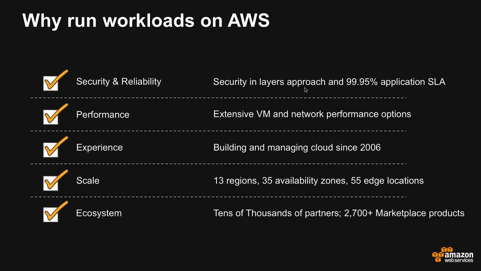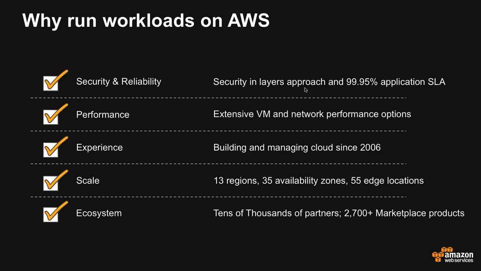This is especially true within the United States. Within our ecosystem, we have tens of thousands of partners with at least 2,700 marketplace products that enable our customers to deploy solutions with a click of a button. So in many ways, you can think of the marketplace as an app store for AWS.